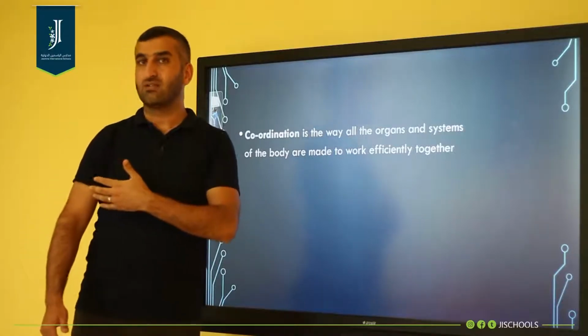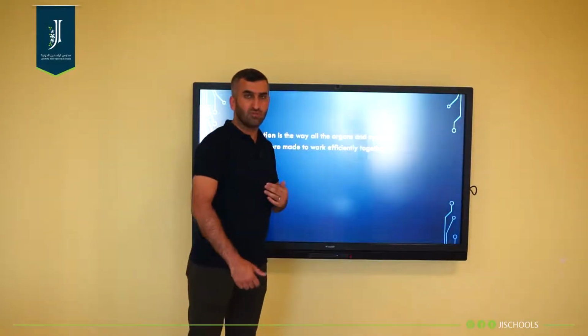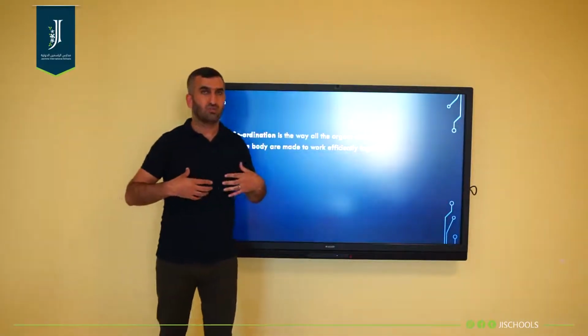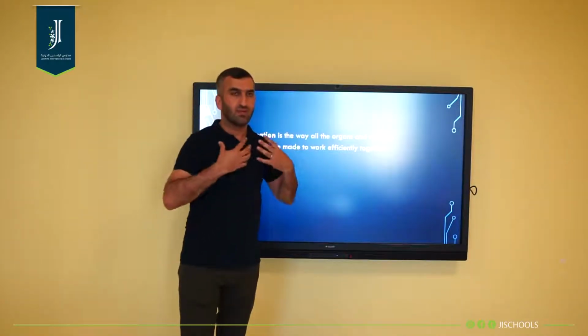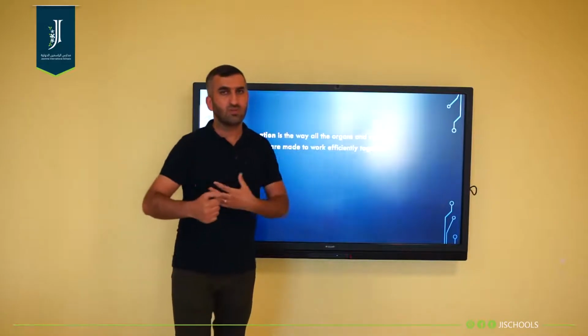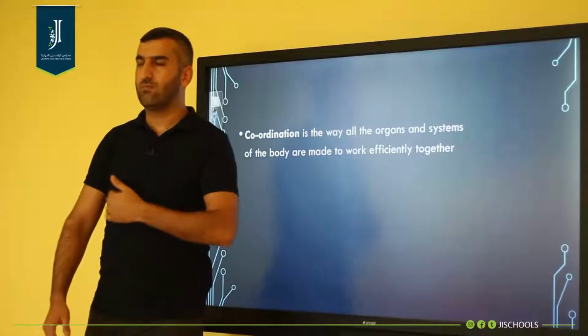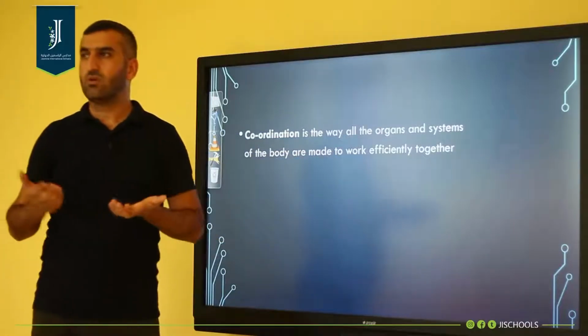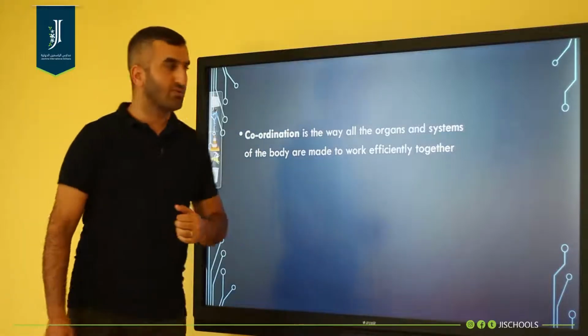The carbon dioxide needs to be taken away, and the oxygen has to be delivered. The oxygen is delivered using the lungs. So we are breathing, taking in oxygen, transporting this oxygen to the muscle, and then the carbon dioxide has to be removed from the muscles. All of these are coordinated by the coordination system, which is the central nervous system.